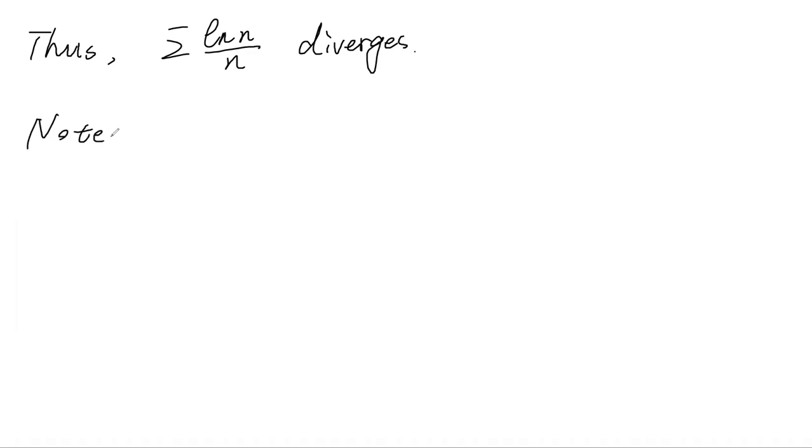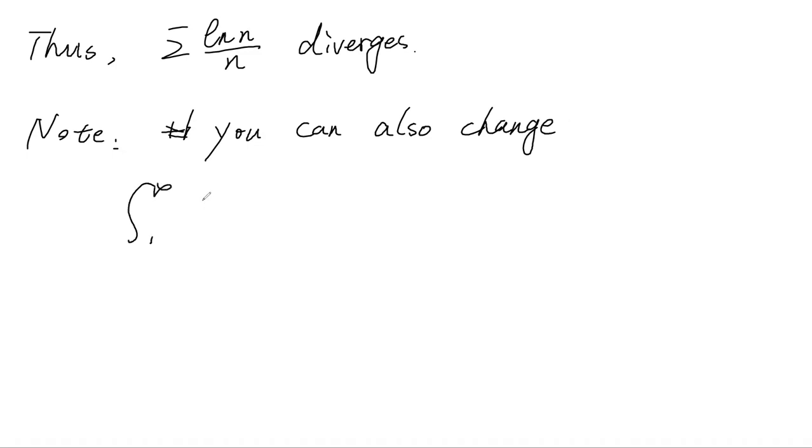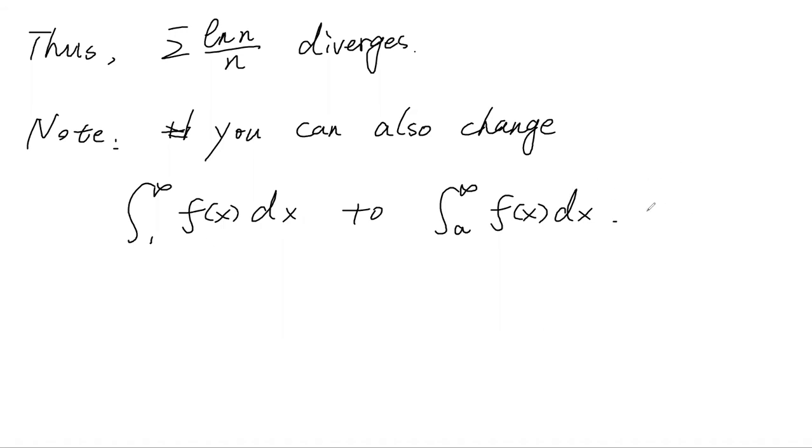And I'll just point out here, you can also change the bound, from 1 to infinity of f of x dx to a to infinity of f of x dx. This is because all we care about is whether the improper integral is convergent or divergent, and we don't care about the exact value of the improper integral.